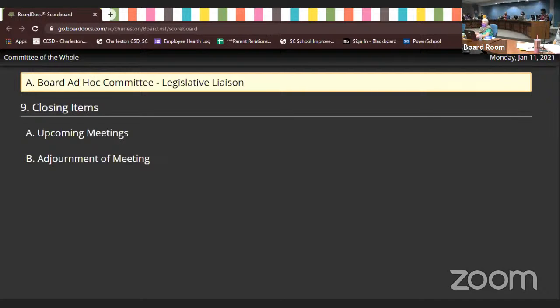All in favor, signify by saying Aye. Aye. And the other business, board ad hoc meeting. I'd like to take this opportunity to appoint an ad hoc committee that will be tasked with examining the options for legislative advocacy for Charleston County schools and making a recommendation back to the full board regarding the most effective way to proceed.